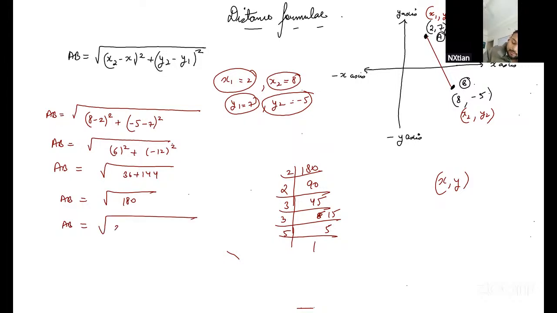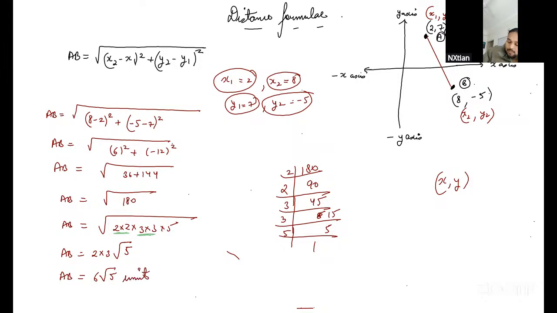So it can be written as 2 into 2 into 3 into 3 into 5. Because we are finding square root, we can only use pairs. So this 2 and this 2 will come forward, and only one 2 is allowed out of this pair. So AB is equal to 2 into 3 root 5, because 5 has no pair, so it will remain inside. So AB is equal to 6 root 5 units.